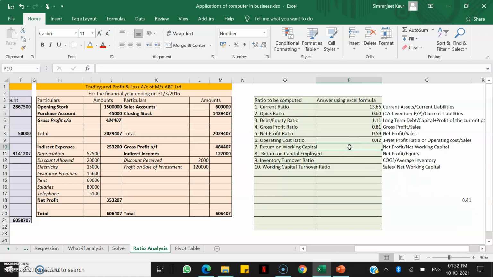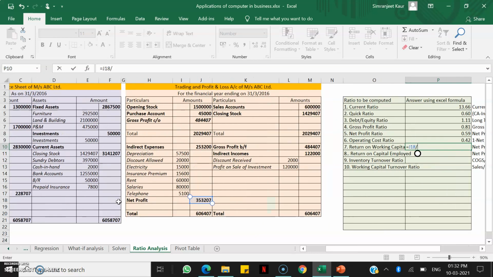Now coming to the next ratio, which is return on working capital. So this is net profit divided by net working capital. So basically we are assessing whether we are using our working capital efficiently vis-a-vis our profit, right. So net profit is given to us in my profit and loss account here, divided by net working capital.